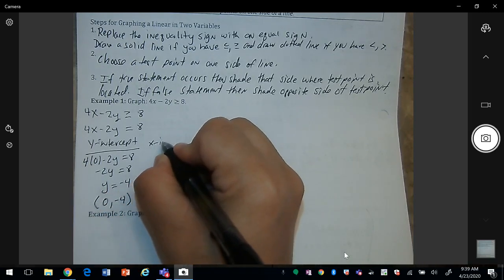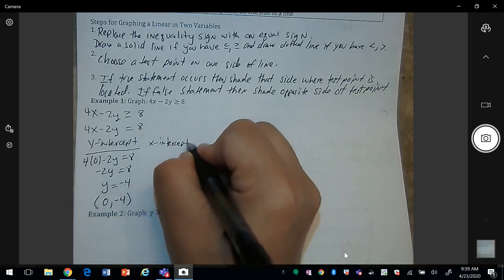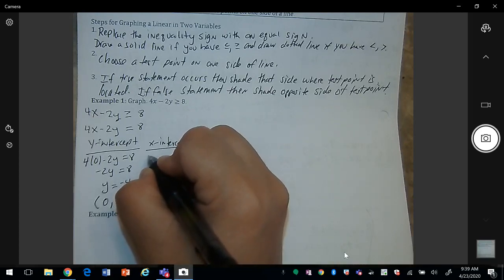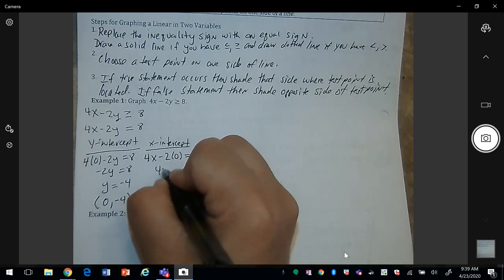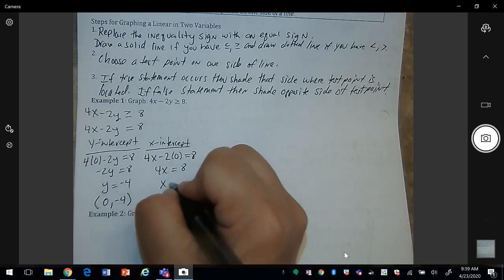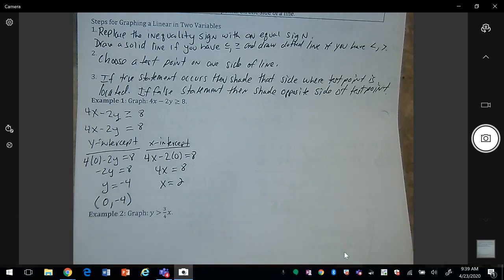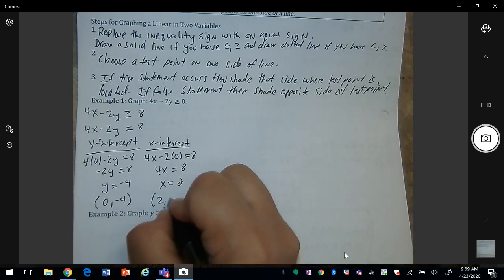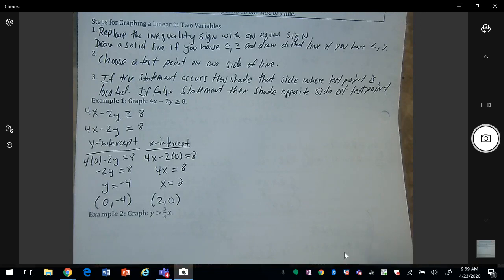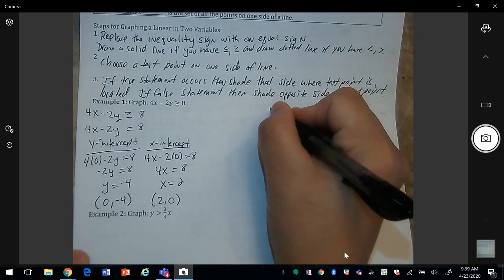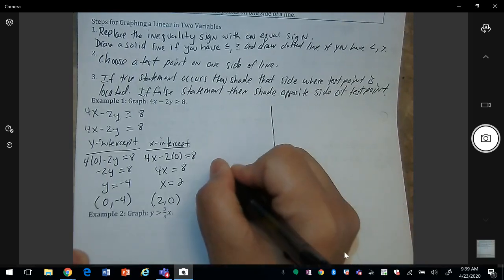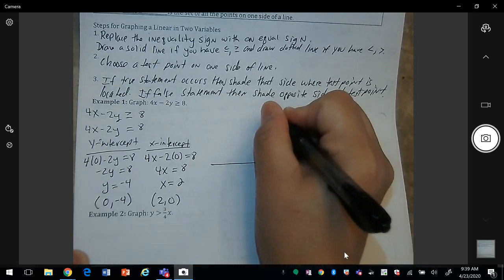And then I'm going to find the x-intercept. For the x-intercept, we let y equal 0. In this case, my x-intercept is 2 whenever y is 0. So now that I have my 2 points, remember for a line, all we need is at least 2 points to graph the line.